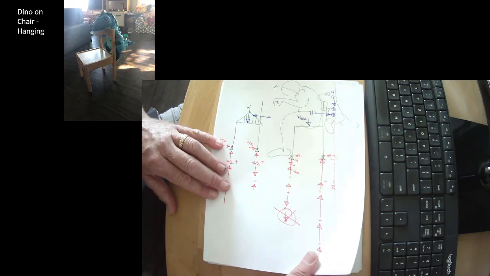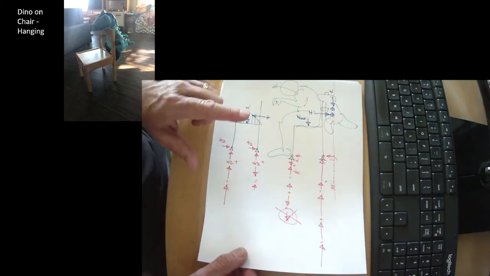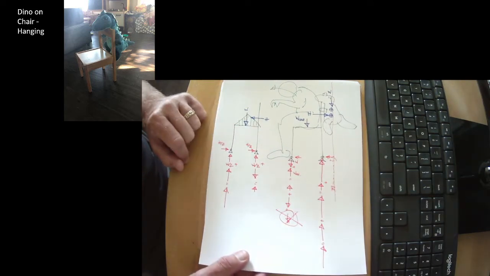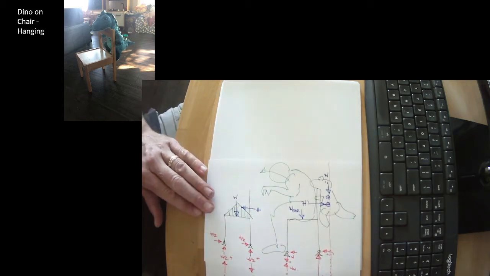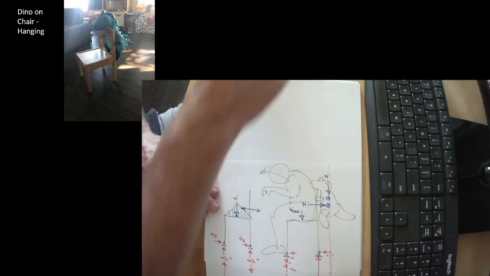Because this is an interesting one, I think it's worth drawing the free body diagram of Dino as well. So I'm just going to slide this down out of the way here.